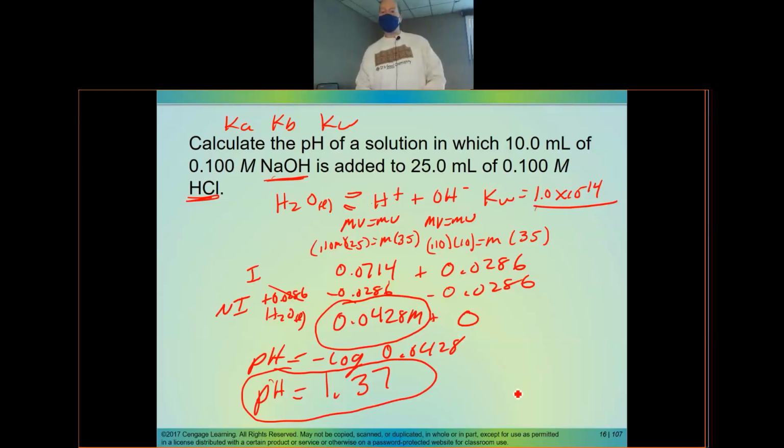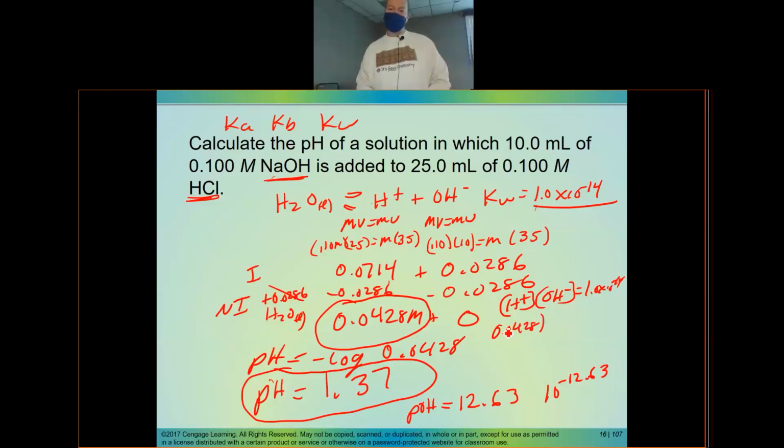All right. Now, if you wanted the OH minus concentration, you could do it one of two ways. You could do it by your pOH, which is 12.63, and so it's 10 to the negative 12.63. Or you know that your H plus concentration times your OH minus concentration always equals Kw. We know our H plus concentration is 0.0428, and you just solve for OH minus.